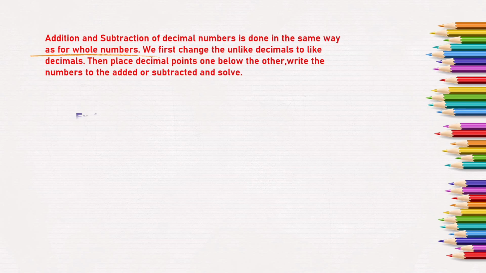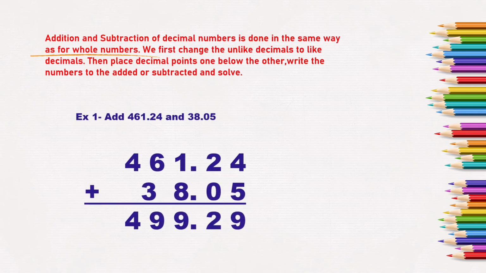Look at an example here. Here we need to add 461.24 and 38.05. What we'll do, we'll write the numbers one below the other according to their place values.